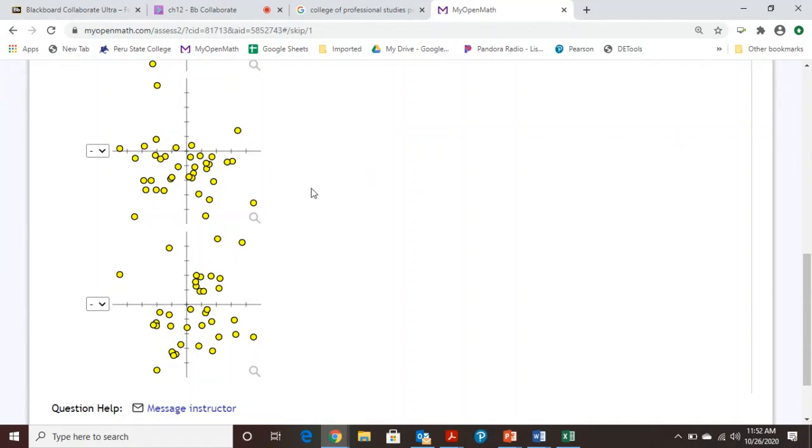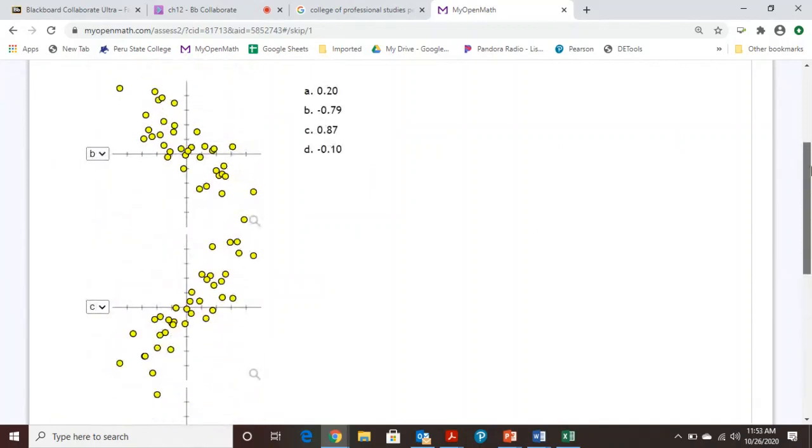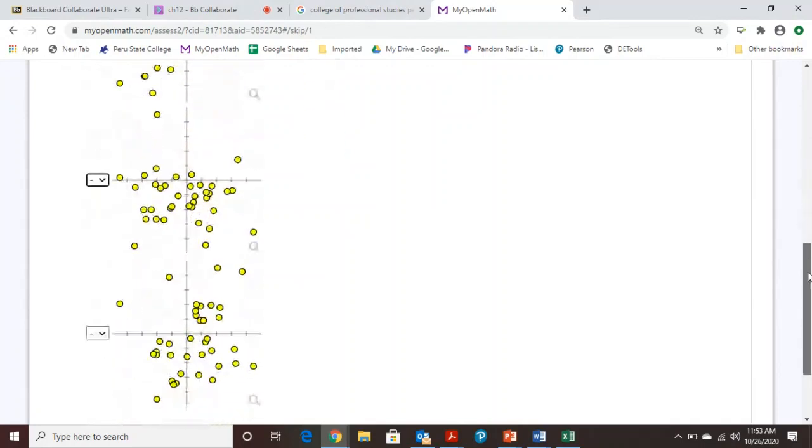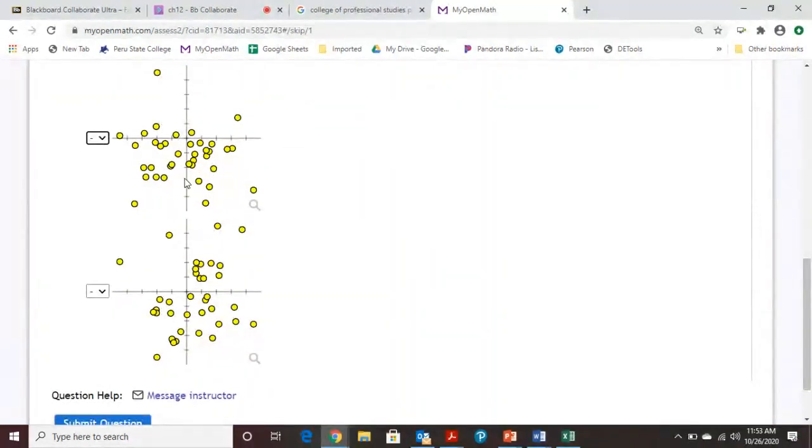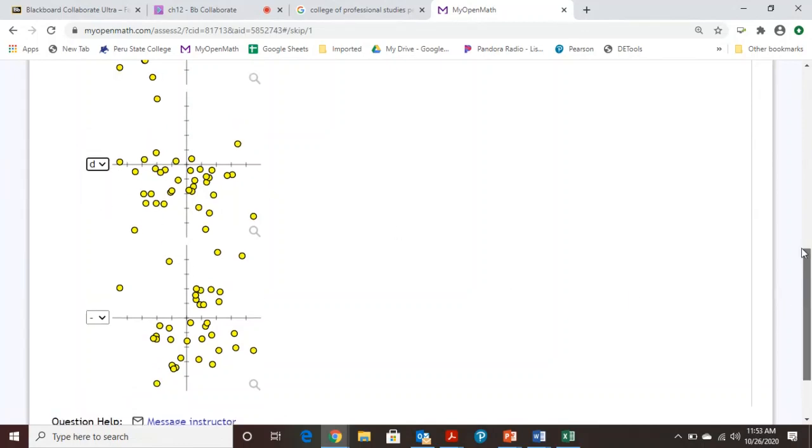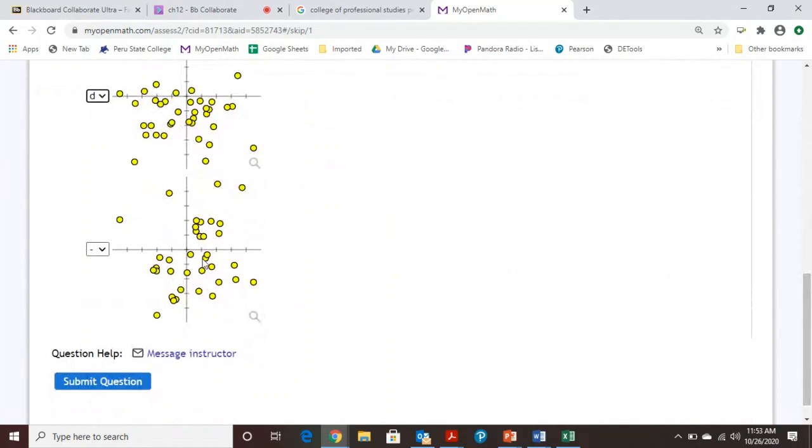I'm going to go negative on this one. Which one was negative? D. I think I'm kind of mixing them up. I'm going to go D on this one, and A on the last one.